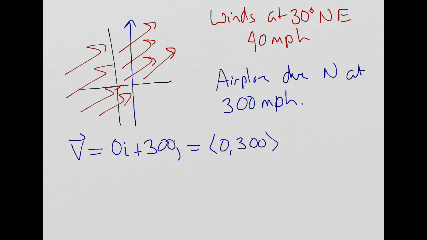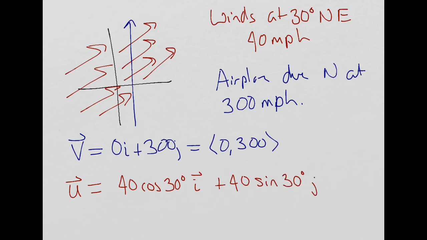But if I wanted to do the same thing for the wind, say I let the wind be this vector u, well, it's going to be 40 times the cosine of 30 degrees times i plus 40 times the sine of 30 degrees times j. We can evaluate these, and we end up with 20 square root of 3 i plus 20j.